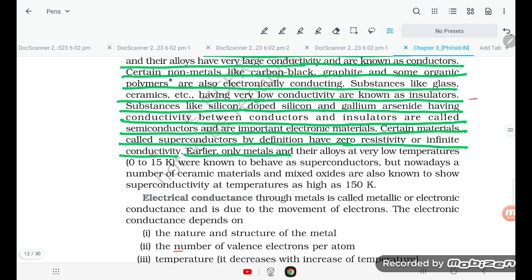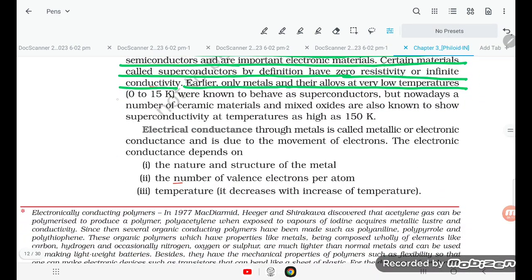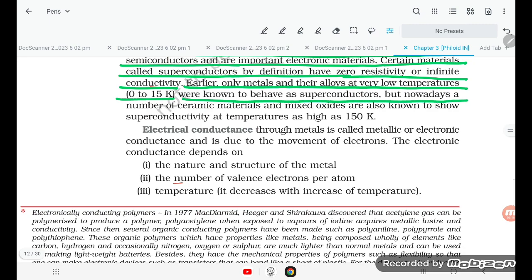Earlier, only metals and their alloys at very low temperature, 0 to 15 Kelvin, were known to behave as superconductors. But nowadays a number of ceramic materials and mixed oxides are also known to show superconductivity at temperatures as high as 150 Kelvin.